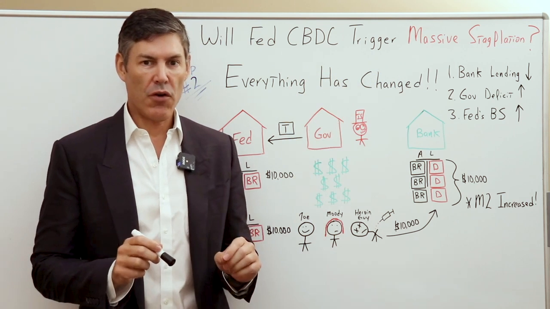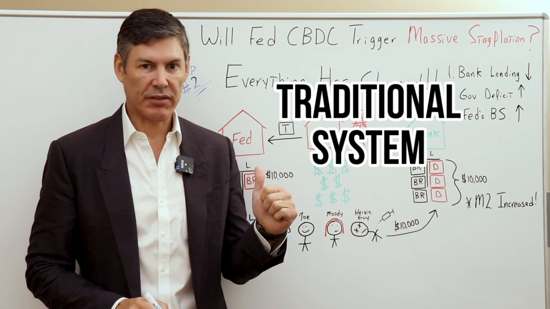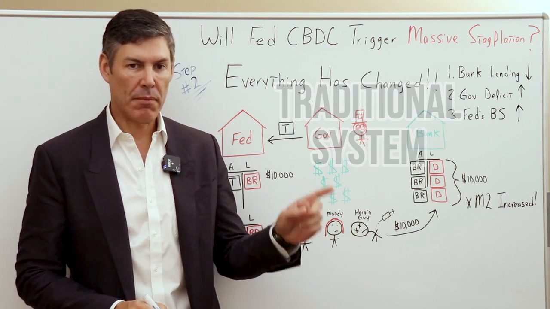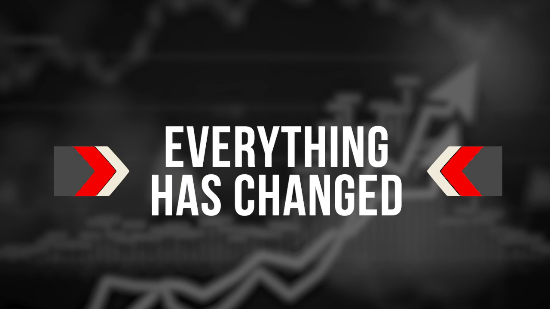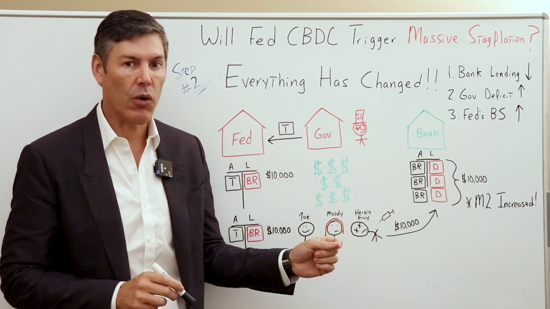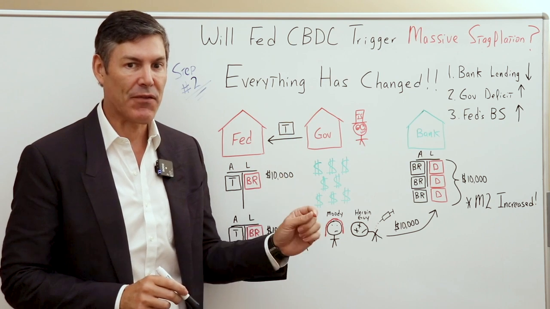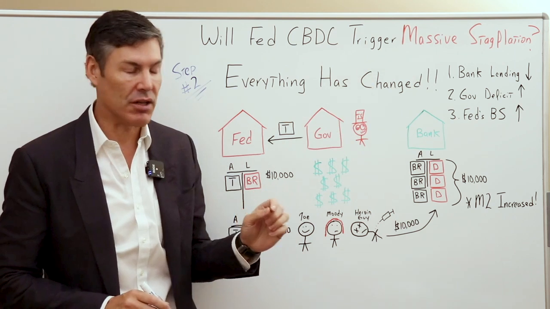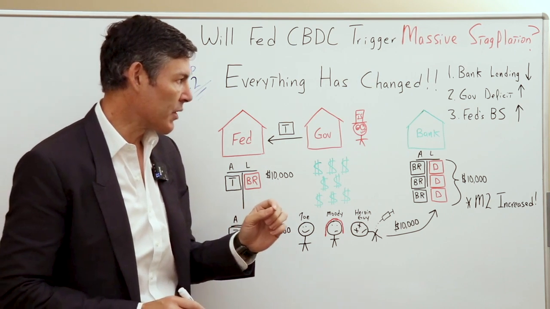So we went over the traditional system of creating dollars in the real economy, but now everything has changed. And this is where you can start to see how we could get significant, potentially massive stagflation in the future.